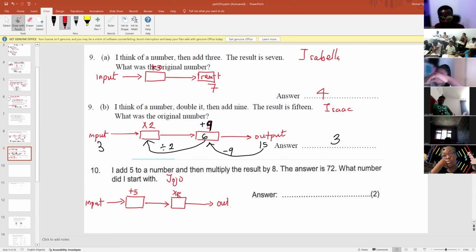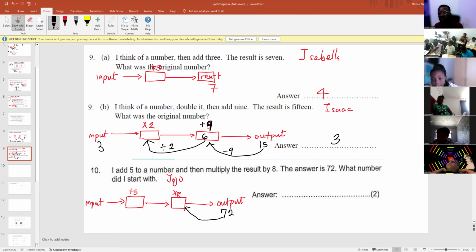So Jojo, walking back now. What did you say we do first, Jojo? 72 divided by 8, which is 9. Okay, so that would be 9. Then 9 take away 5, which is 4.